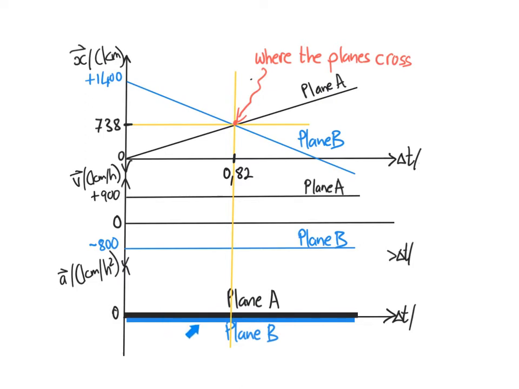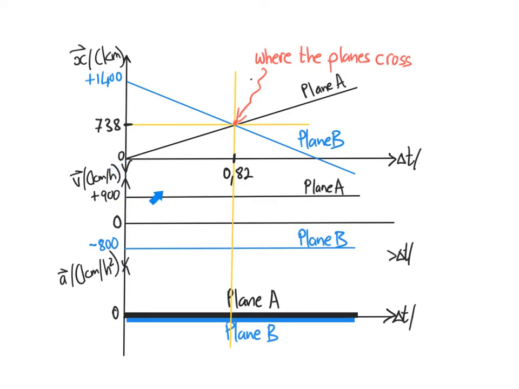Both plane A and plane B have accelerations of 0 because we're assuming constant velocity. Plane A starts at x equals 0 because we defined airport A as being at the position x equals 0.